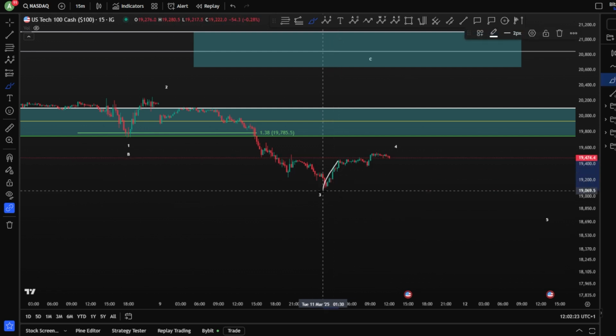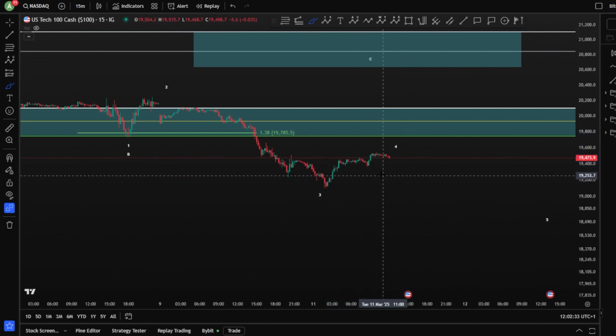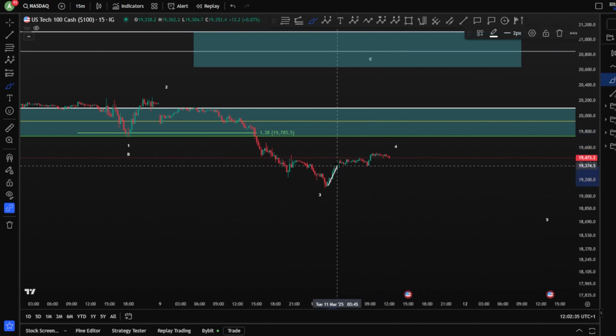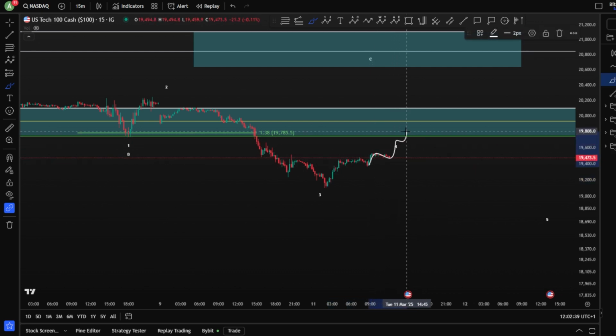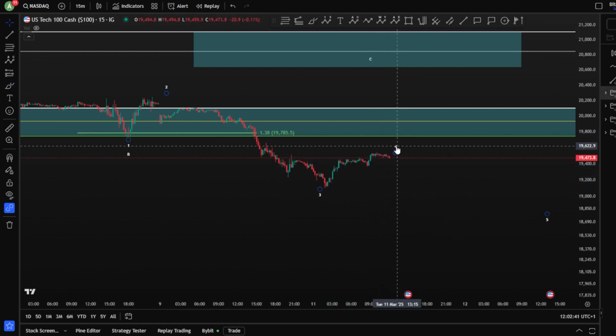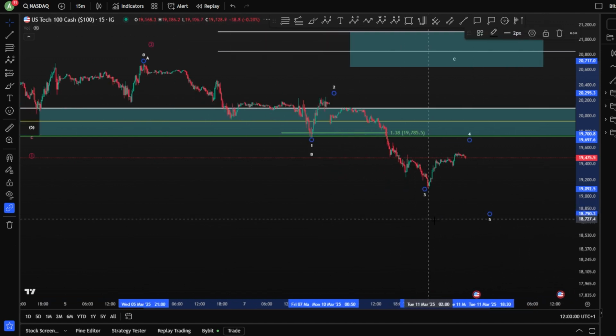An impulse, wave A, B, and potentially wave C finished. Potentially, it looks corrective, guys. In case we are a little bit more bullish here, you can get an A, a B, and a C, meaning this can be 1, 2, 3, 4, and a 5, potentially higher a little bit, and then moving towards the downside to continue, of course, a wave 5 here.